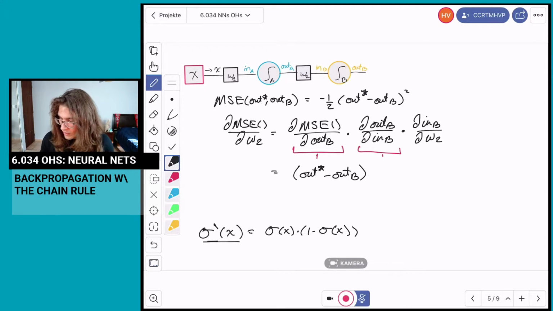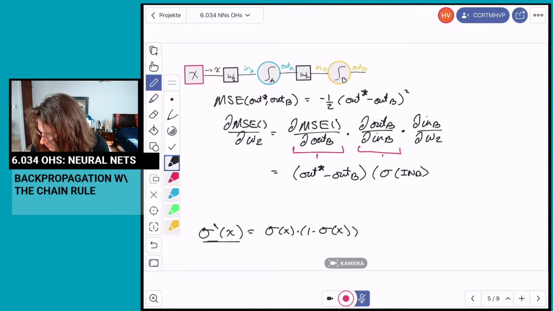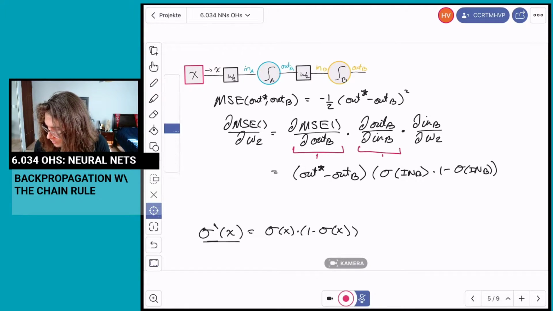And the sigmoid function would be, in this case, sigmoid of NB times 1 minus the sigmoid of NB, to adhere to the NB with respect to NB notation.